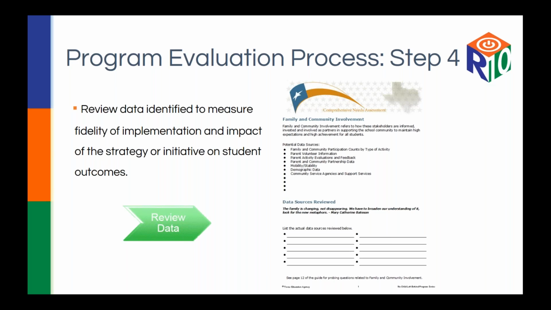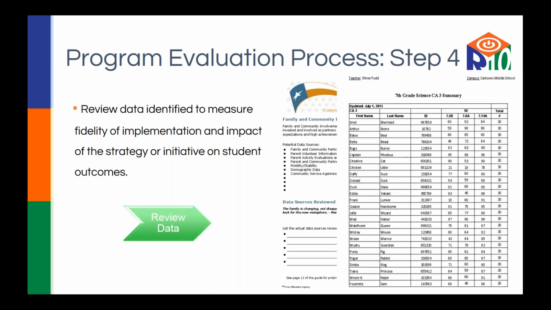So what I did here when we're talking about reviewing data, I just took a snapshot of your CNA and the data sources reviewed. Also keep in mind your improvement plan, be it local, so the campus or your LEA, student achievement, and your budget reports. Data comes from a variety of things. Look at your sign-in sheets when you're thinking about your annual Title I meeting, or any parent training or opportunity for growth to build capacity that you offer. You can also look at survey results, meeting minutes, and trend data.